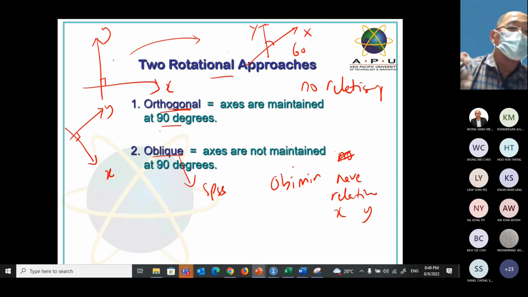This is the difference: the axes are not maintained at 90 degrees.